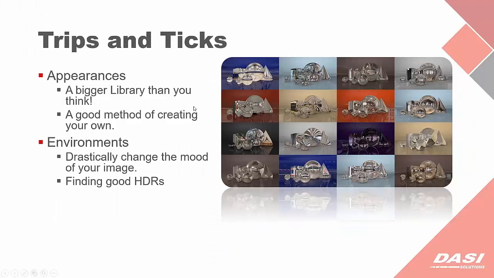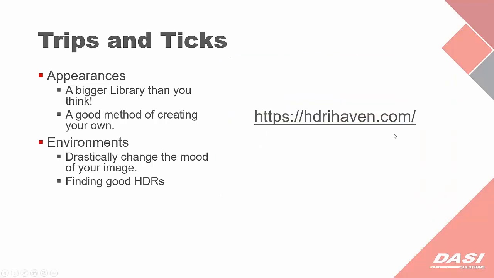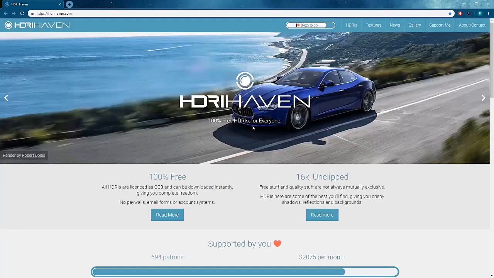So what I want to show you, though, is while SOLIDWORKS does have a nice handful of them, I do want to point any of my users to a website called Poly Haven. And this is where you can get not just HDRIs, but some very high-end HDRs. Now, HDRs are high dynamic range images.